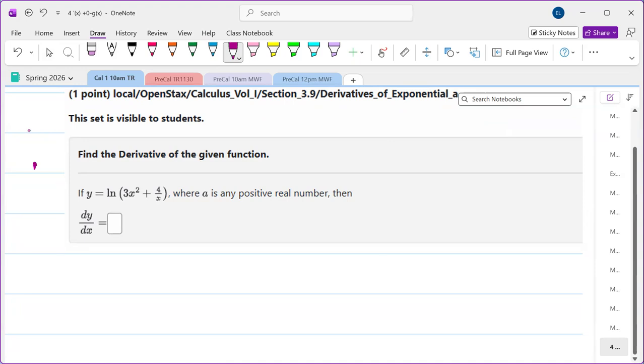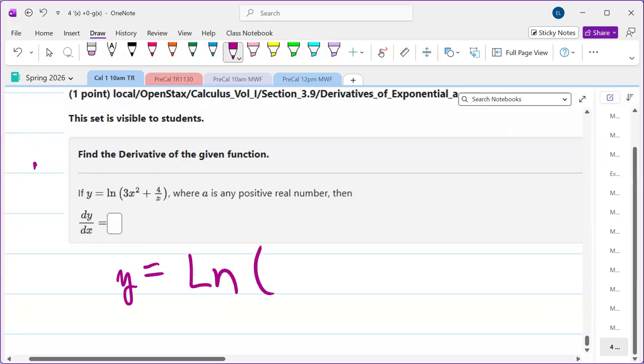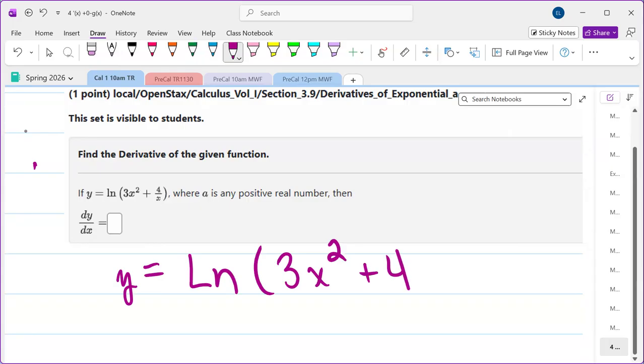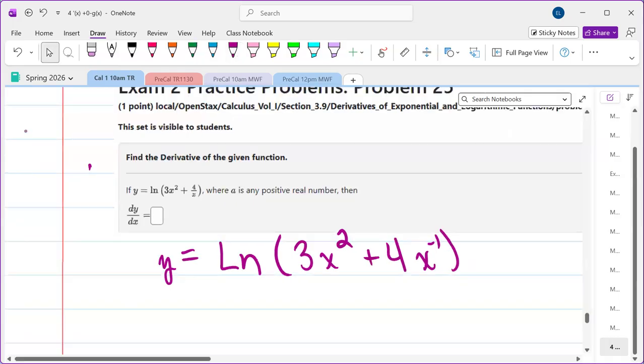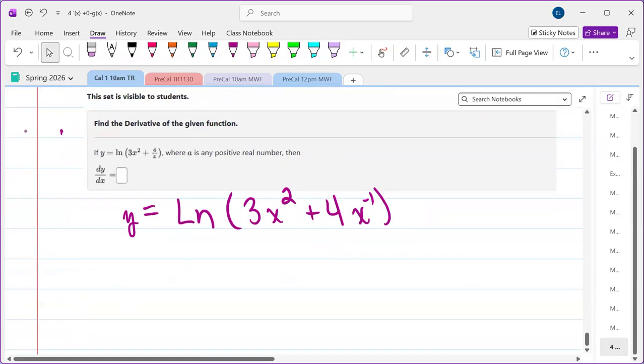So all we're doing here is just using our derivative of natural log to do the derivative, but I'm going to rewrite it a little before we do the derivative. Instead of 4 over x, I'm going to write it as 4x to the negative 1. So now it's set up to do a power rule, so it's a little bit easier to look at.